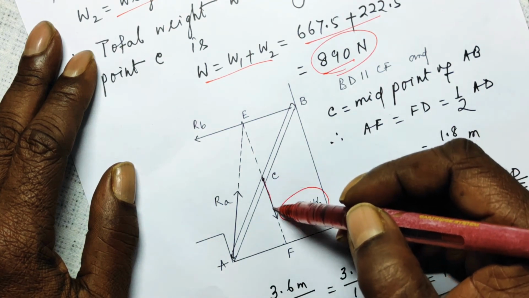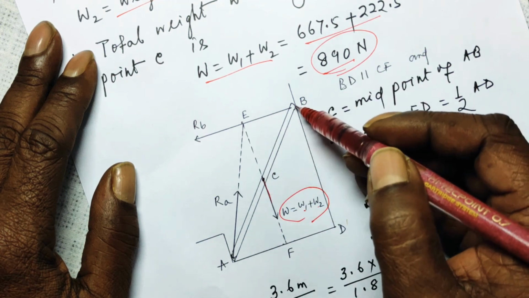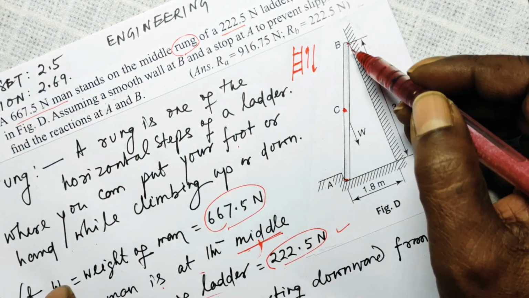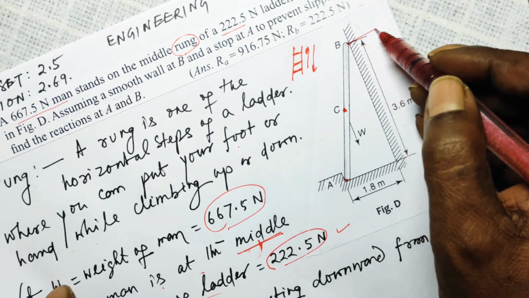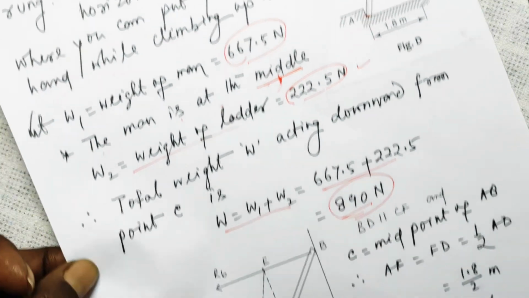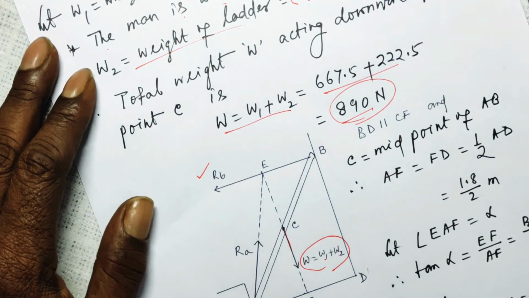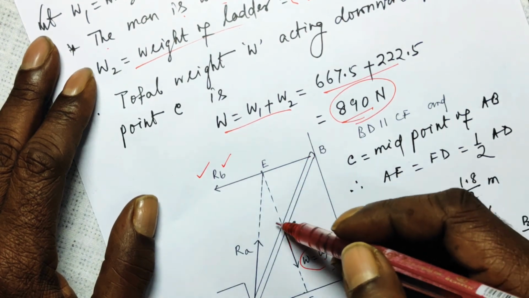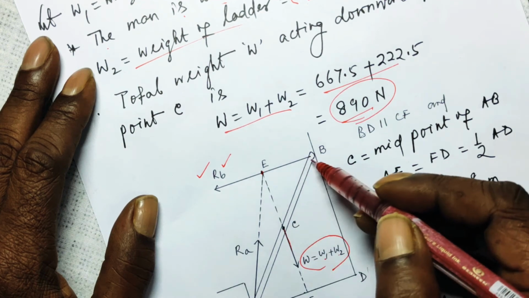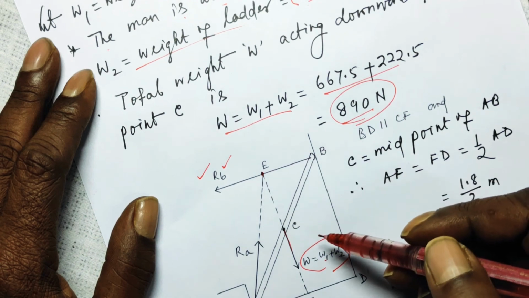Now, if you extend this line, here the reaction force RB from the wall is pointing to this side. The reaction force RB and W have this common point of intersection.